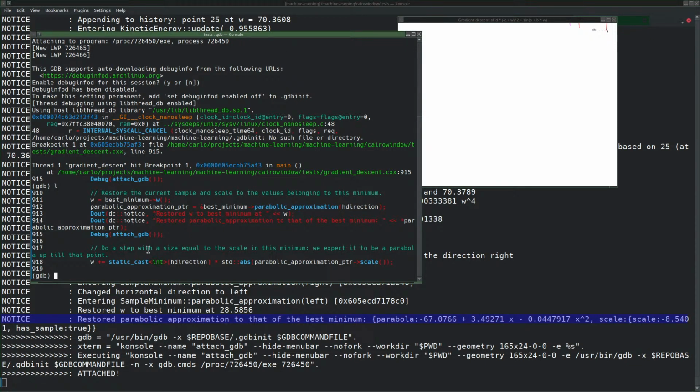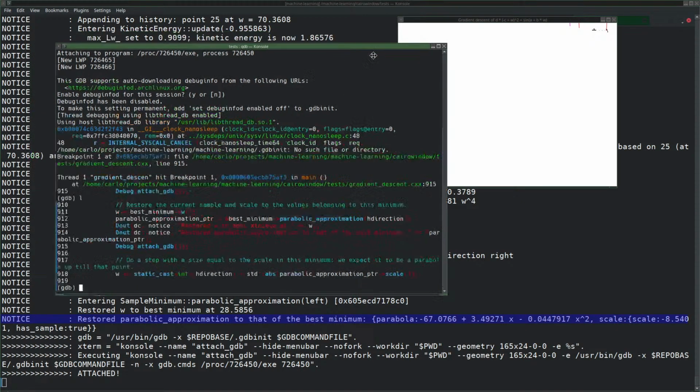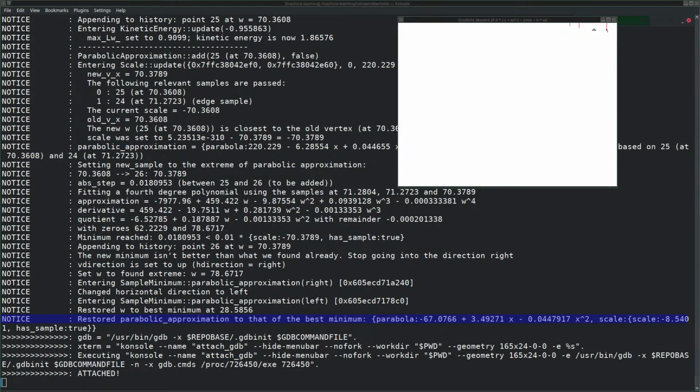I'm mostly confused about the fact that this is apparently the first time we get here. We've been finding minimum before. Oh, this is changing direction. Yeah, restore the current sample. So what it did is, I'm just gonna quit it.